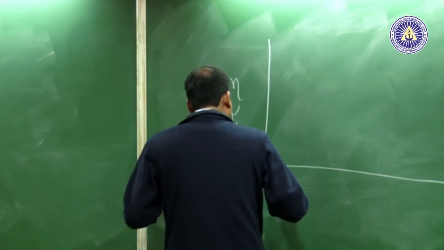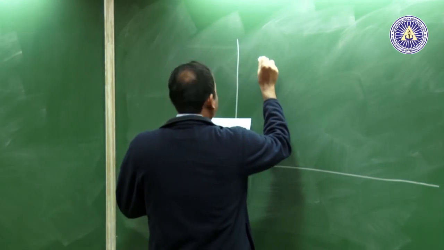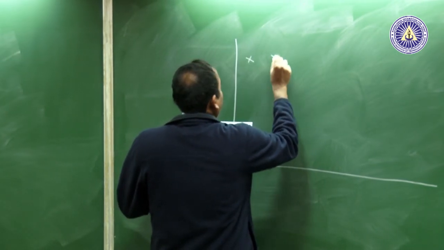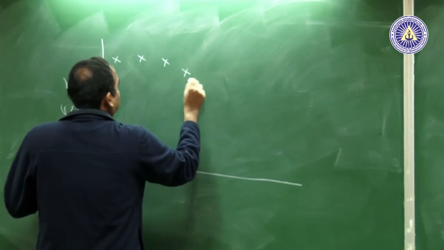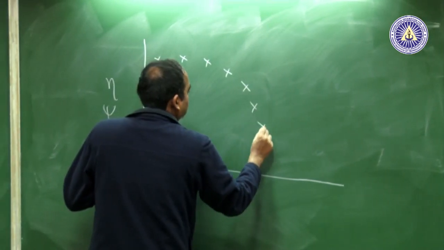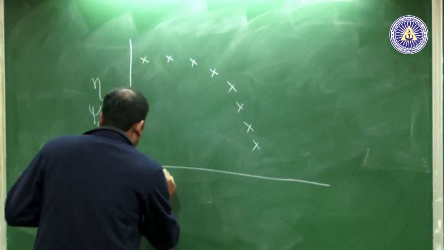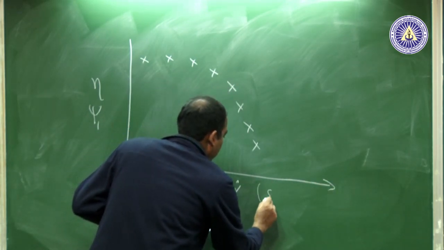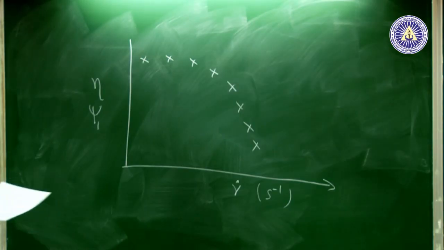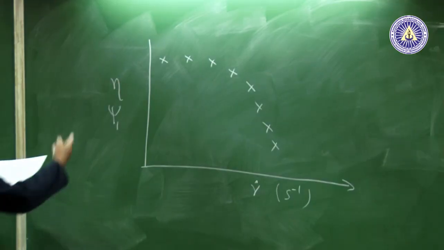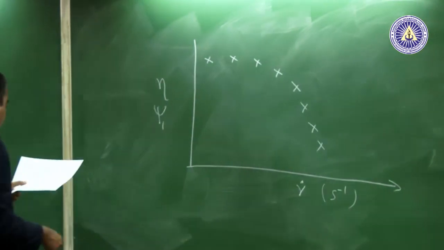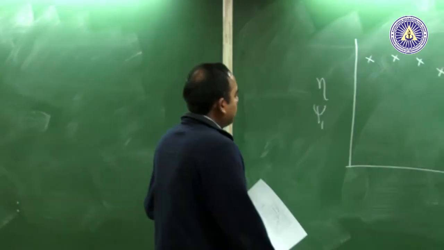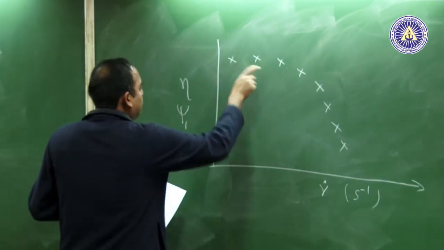I am keeping psi 1 aside, and this is for eta. On the x axis, I will have gamma dot, whose typical units are second inverse because these are flow rates, and the usual units for viscosity are poise and dyne per centimeter square per second. So this is for eta.